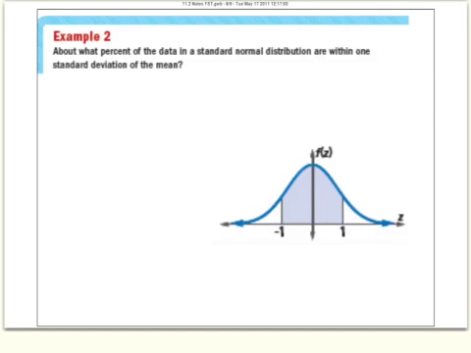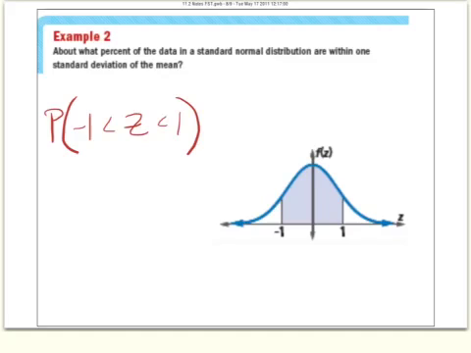Okay, this is the last example, and listen to this one. About what percent of the data in a standard normal distribution are within 1 standard deviation of the mean? So if you look at the graph, they've computed the z-score already. Okay, they have a z-score of 1 to negative 1. So they want us to find the probability that the z-score is between negative 1 and 1. Okay, that's what the math notation would look like.